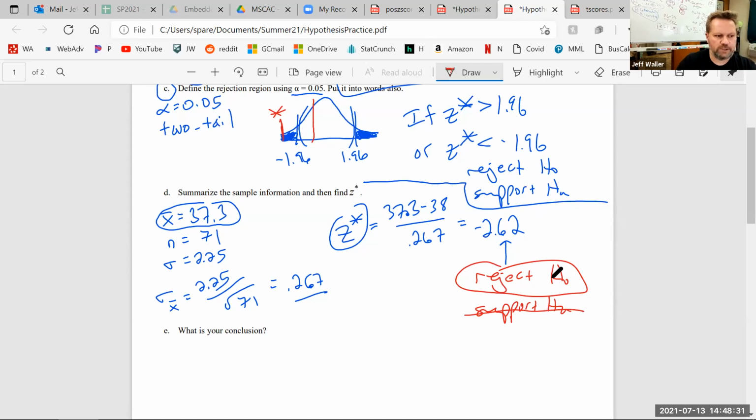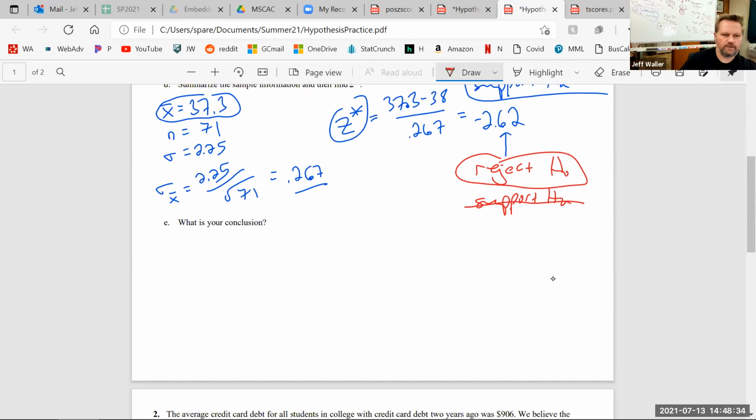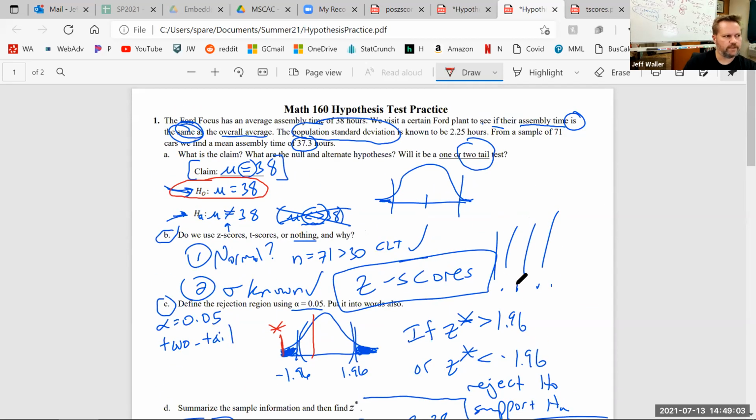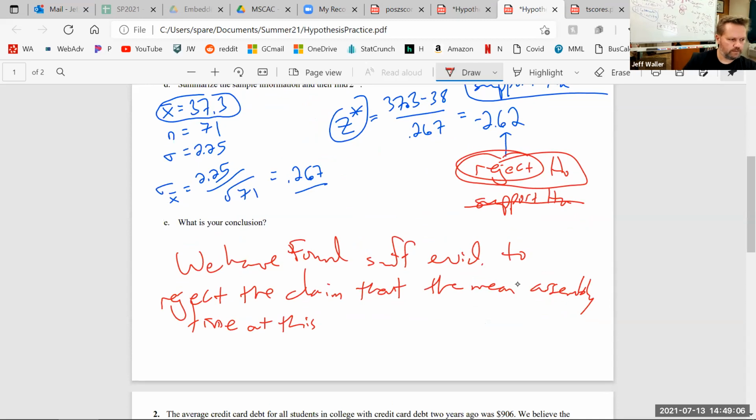We have found sufficient evidence to reject the claim that the mean assembly time at this plant is 38 hours.